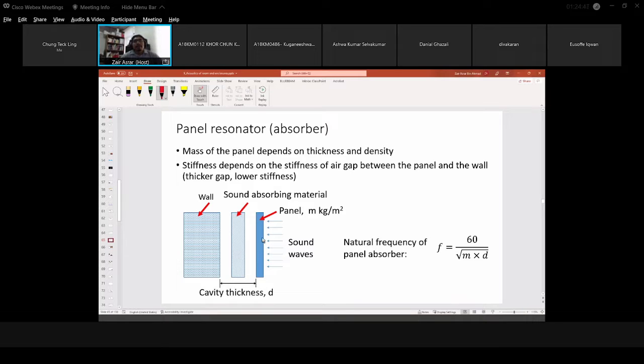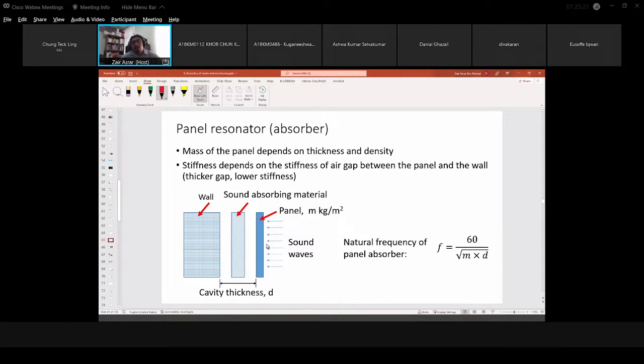It can vibrate. To increase the effectiveness of this panel, we can also introduce an absorbing material in between the panel and wall, and this material will have a certain air gap, so we can tune the amount of sound being absorbed at a particular frequency based on the cavity thickness, the thickness of the absorption material, the type of material, the density of this foam, and also the holes within this panel.